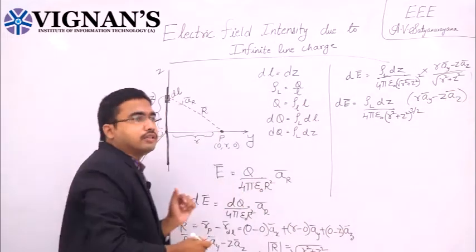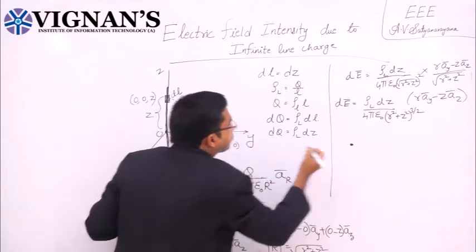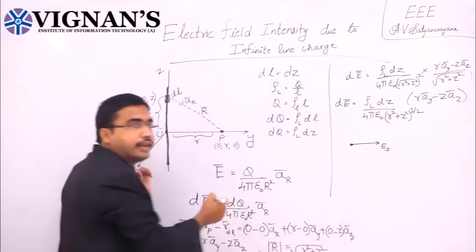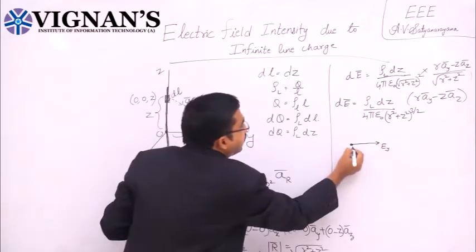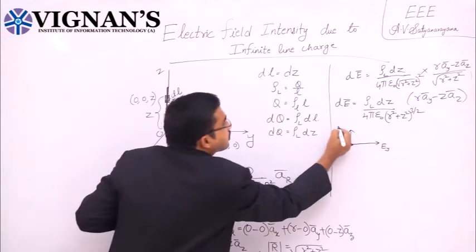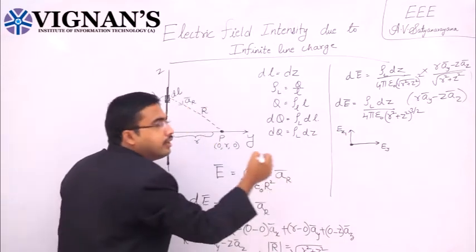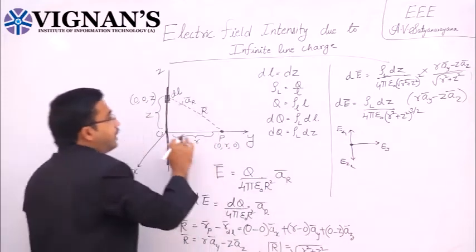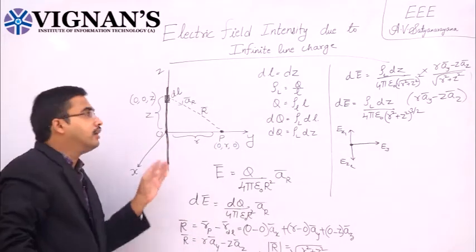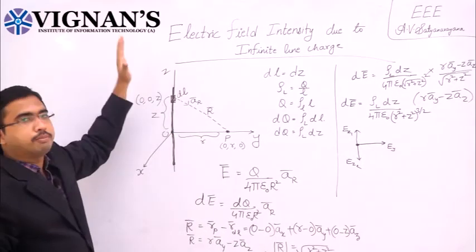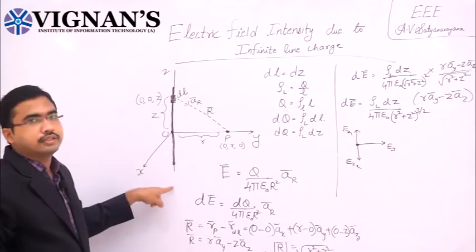Now what is the concept here? We will have electric field intensity acting in y direction, due to this line charge. Suppose this is in the positive side, the same amount of electric field intensity will be present on the negative side also, because this infinite line conductor is distributed in the same length towards the positive side as well as towards the negative side.